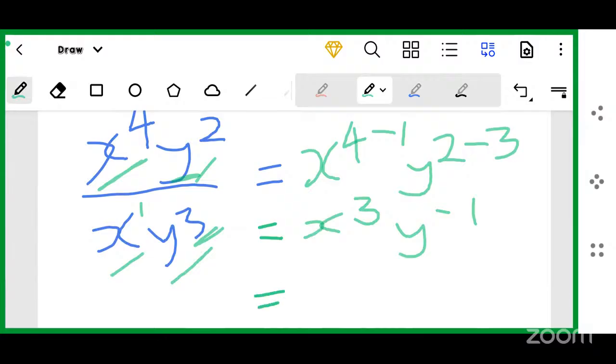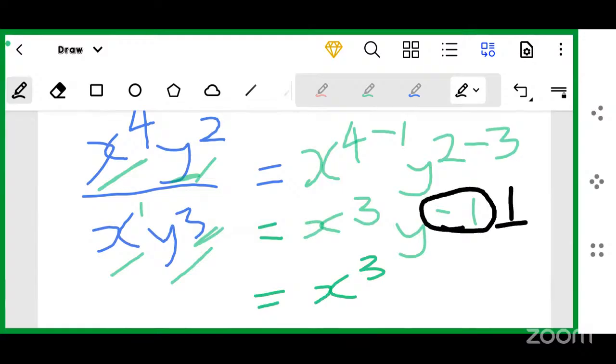So we can write 1 over x to the power of 3 and y over 1. Okay. So, this negative one, we're supposed to write it as 1 over this one.